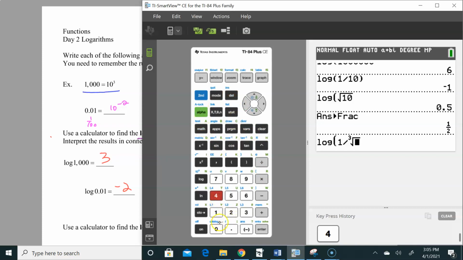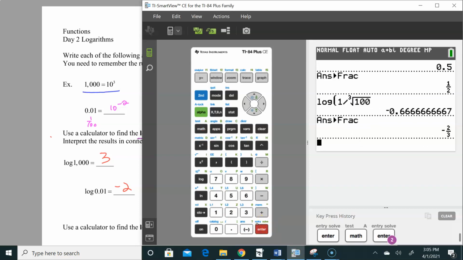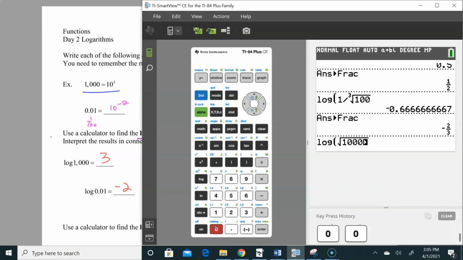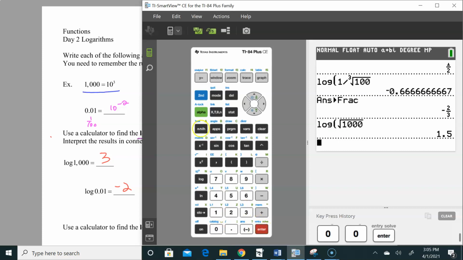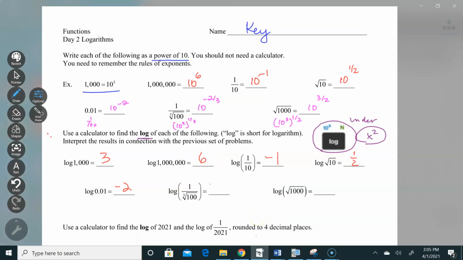The cube root of 100. And I make that into a fraction. I get negative 2/3. And finally, the log of the square root of 1,000. And I'm going to make that into a fraction. I get this result. So I get negative 2/3 and 3 over 2.